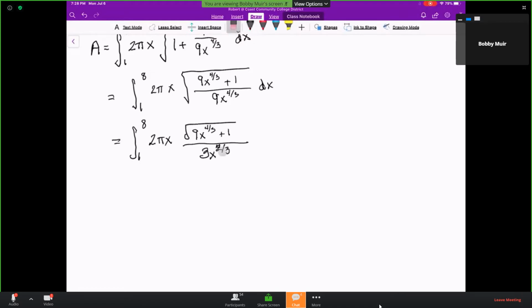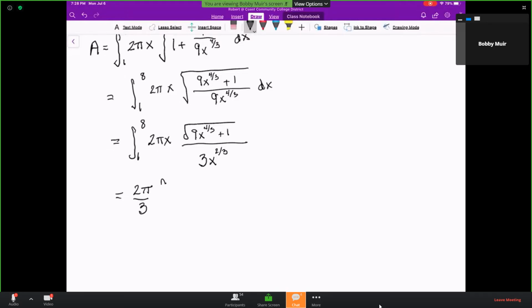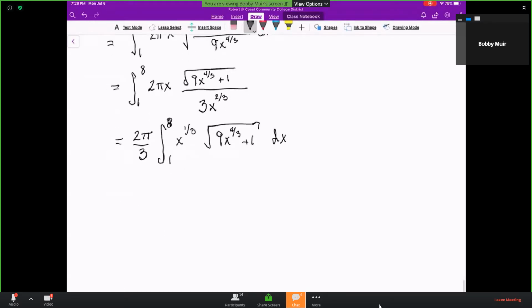Write that better. Divided by the square root of 9x to the 4/3, which is going to be 3x to the 2/3. And so now I'm going to have 2 pi over 3 integral from 1 to 8 x to the 1/3 square root of 9x to the 4/3 plus 1 dx. Now do you see it?